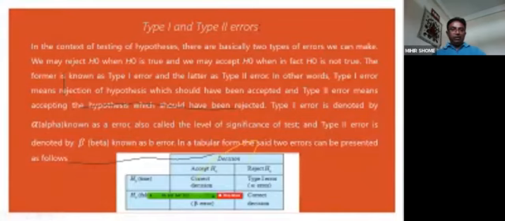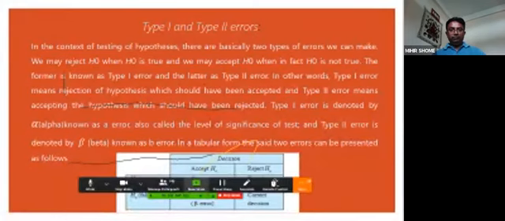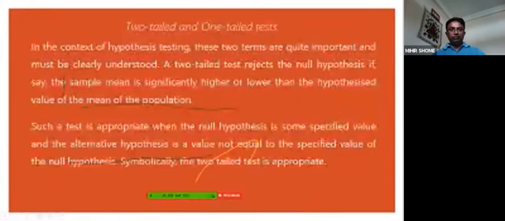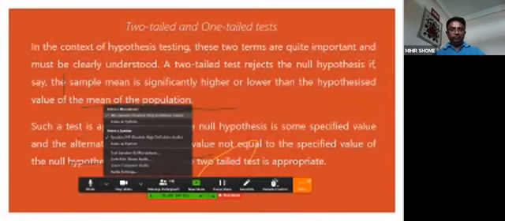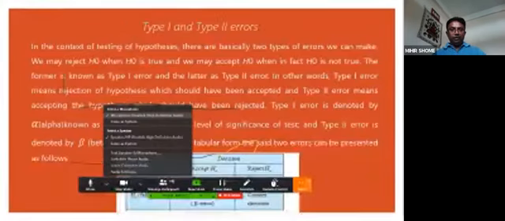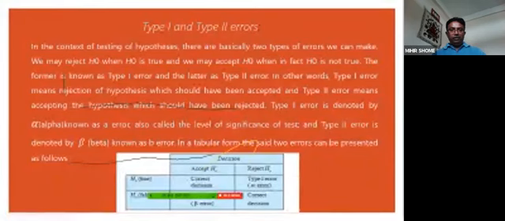In the case where the null hypothesis is false, if we reject it, then we are taking the correct decision.